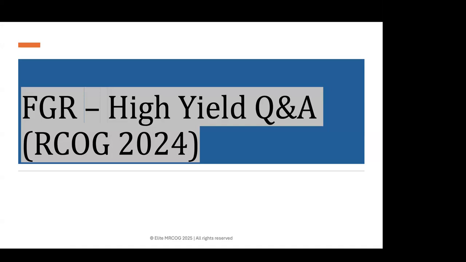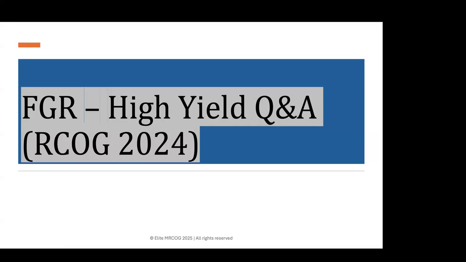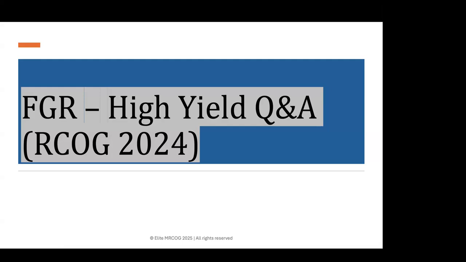SGA is estimated fetal weight less than 10th centile with no Doppler abnormalities. Yes, less than 10th percentile, and there is no Doppler abnormality, it's SGA. Early onset FGR?